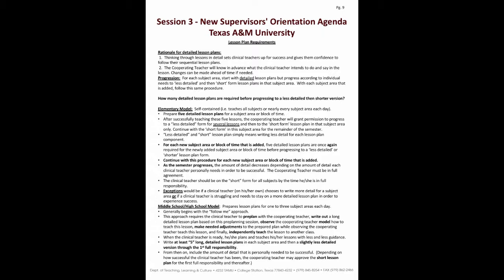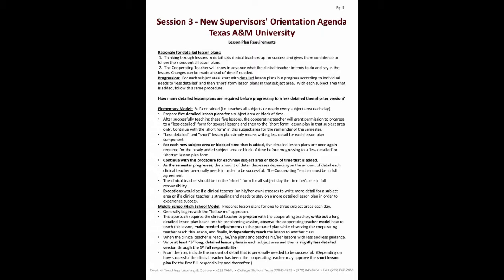Look at this handout. Find the question on the handout that says, how many detailed lesson plans are required before progressing to a less detailed and then shorter version? The answer to this question is divided into elementary and middle school, high school. For elementary, note that 5 detailed lesson plans will be written for each subject area or block of time.